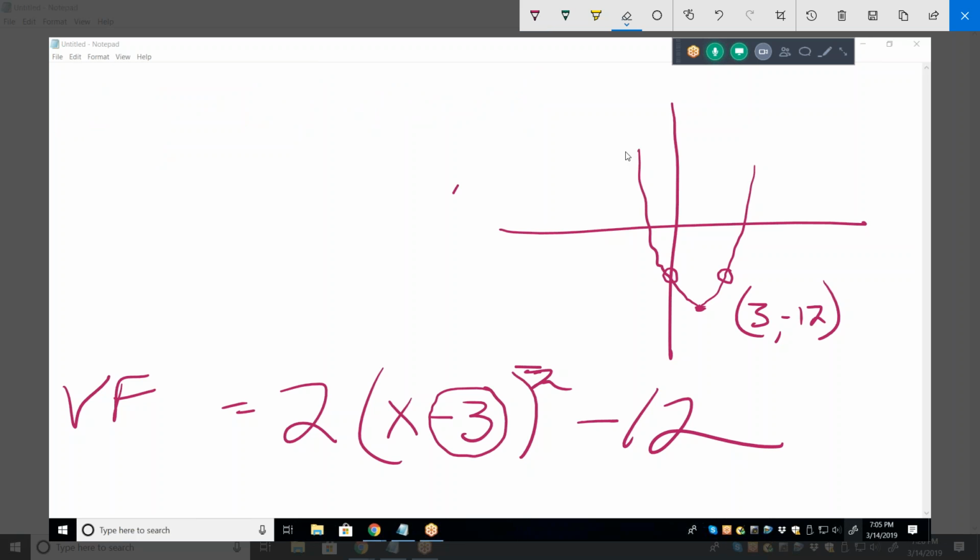This is down here. Same equation, but just in a different format. Alright, so the y-intercept would be 4.